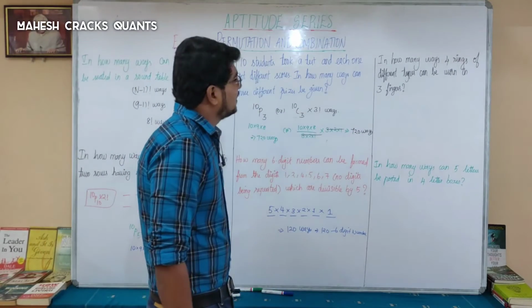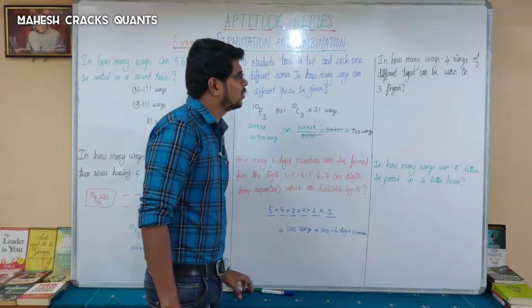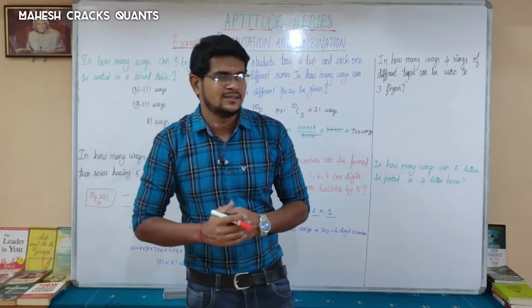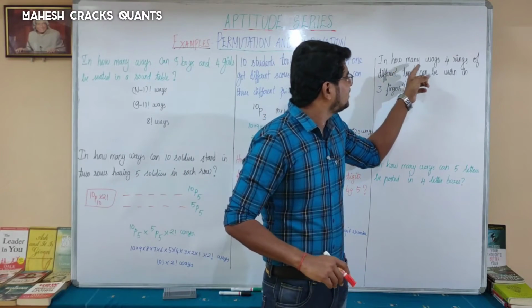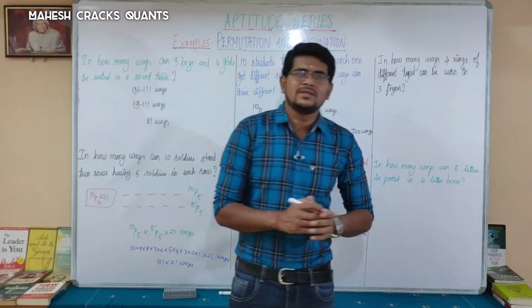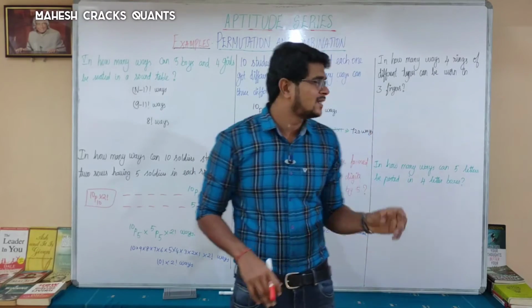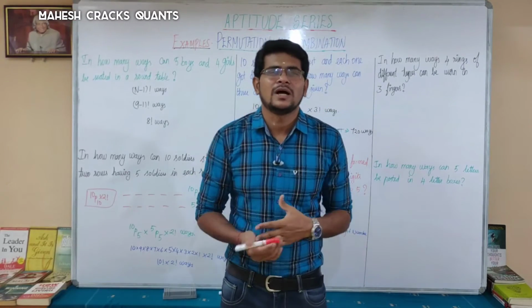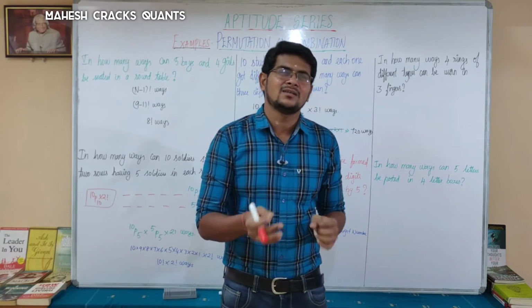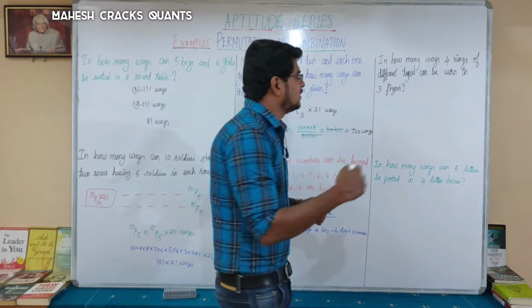The next question is, in how many ways can 4 rings of different types be worn on 3 fingers? These kinds of questions are a little tricky. Here, which one is the choice? You have 4 rings and 3 fingers. Do you place rings for the fingers or fingers for the rings?